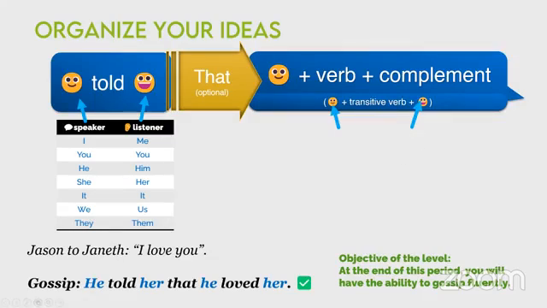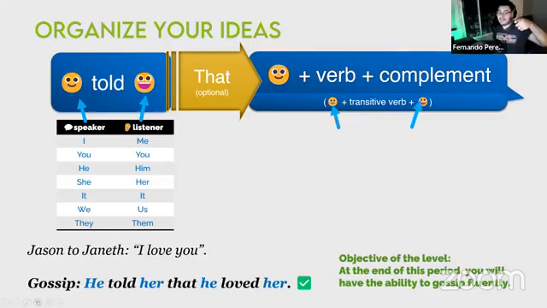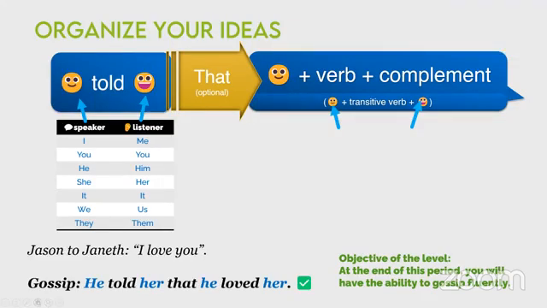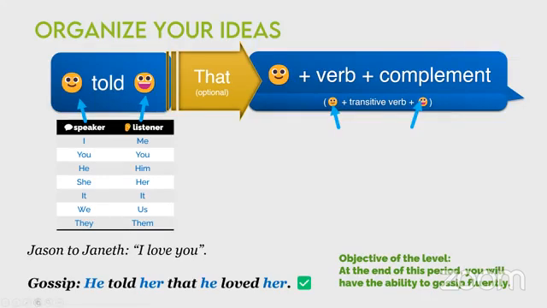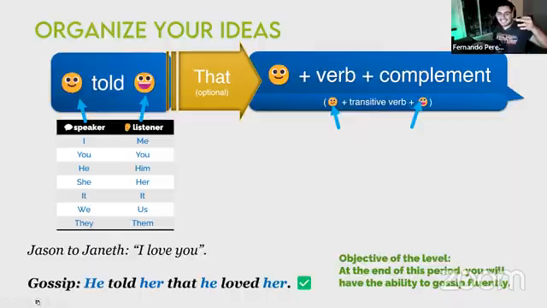Person, verb, plus complement. Plus, not "más." "Más" is Spanish. In English, plus complement.